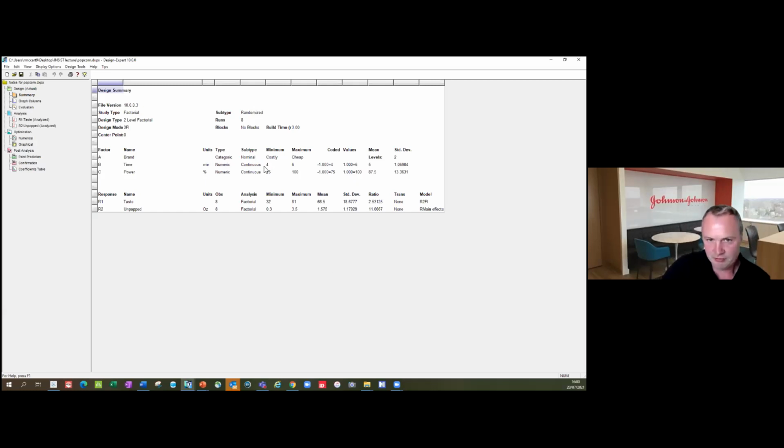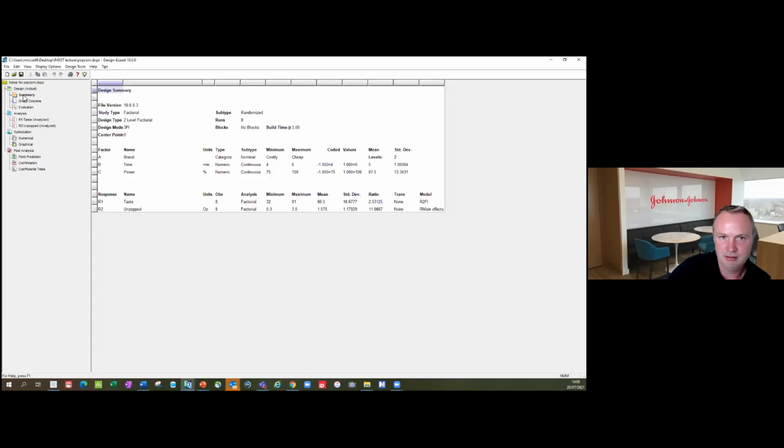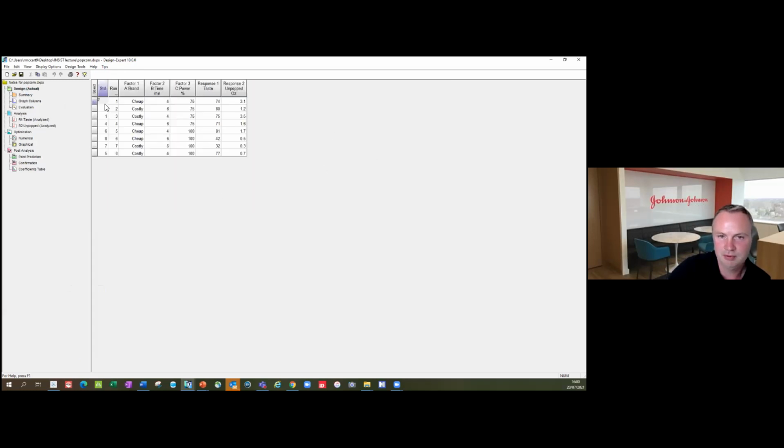Okay, so I'm going to go back to our Design Expert platform here. So this is that experiment. We have our 3 factors, and we have the settings of them. In this scenario, we already have the results, and I've inputted them here. Here we go. So we have 8 runs.